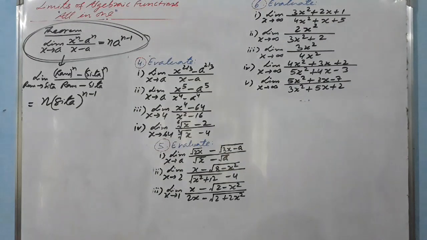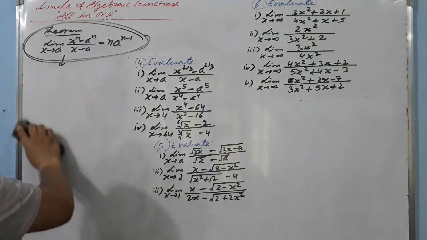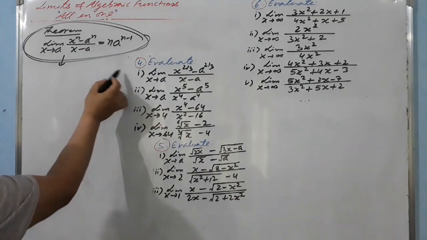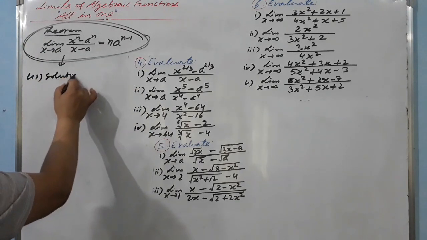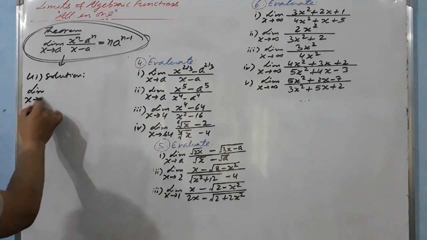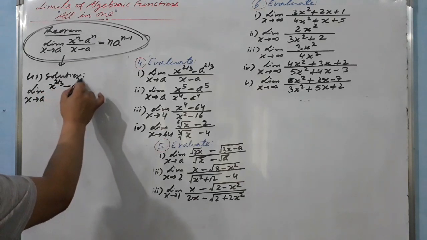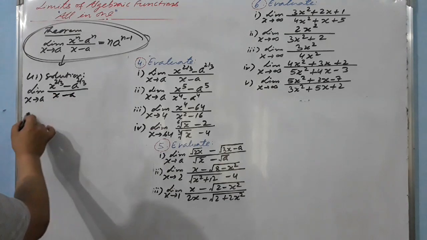Look here. Now using this theorem, we are going to find the limit of this function. So for the first solution: the limit as x tends to a of x raised to power 2 by 3 minus a raised to power 2 by 3 over x minus a.